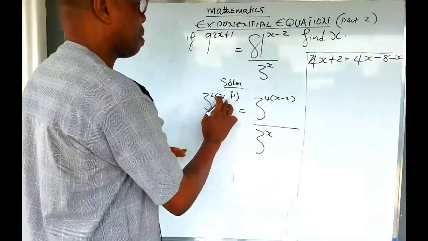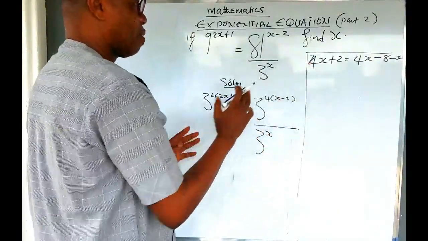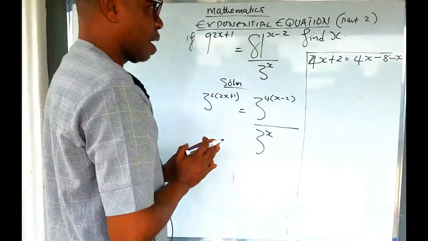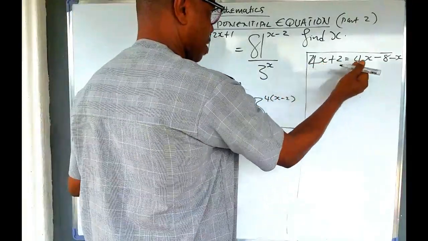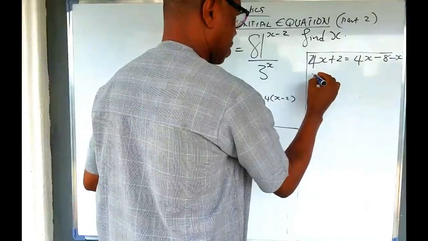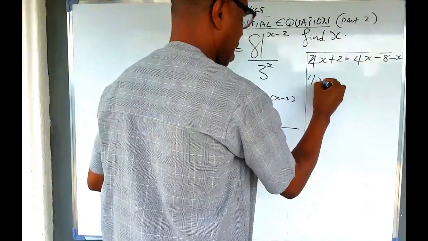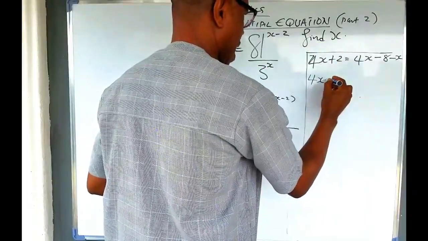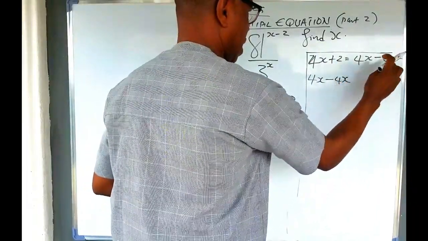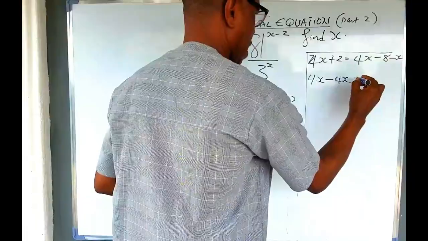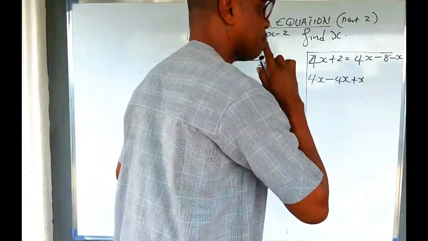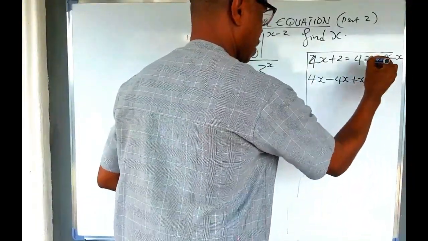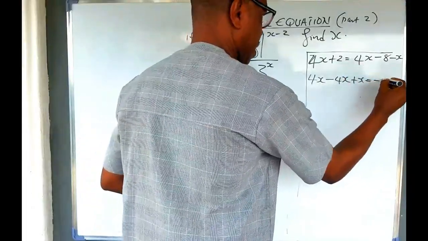Remember, with this, the question is almost half solved. Remember that I collected the powers here, and I'm looking for x. So what do I do next? Since I have 4x here, I will collect like terms. That is, this 4x will cross over and become minus 4x. This minus x will cross over and become plus x. And that will give me minus 8.